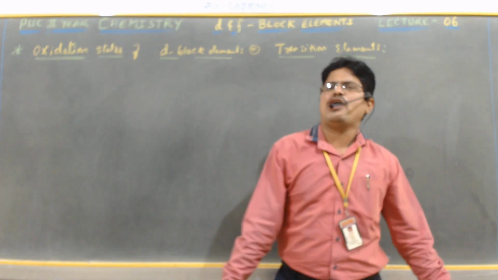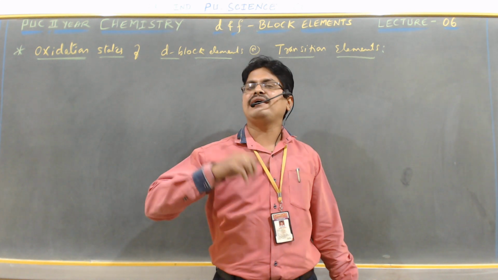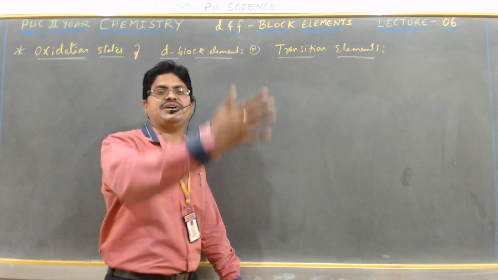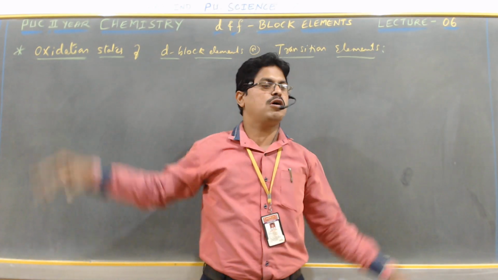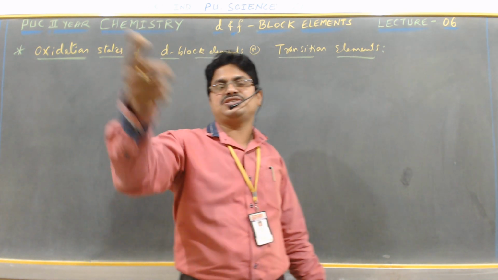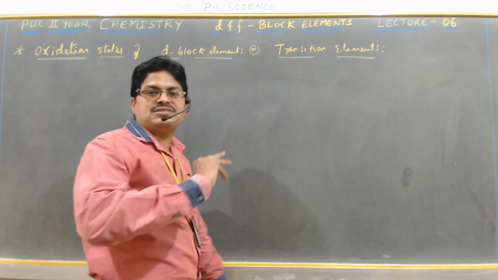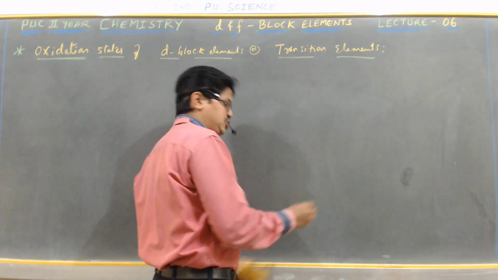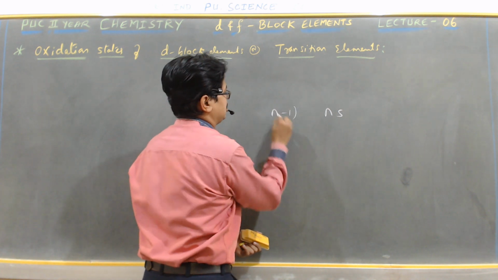In the last class I mentioned D block elements exhibit variable oxidation state when compared with other block elements, S block or P block. What is the reason? Because electrons are involved in bonding from both the main shell and the penultimate shell.